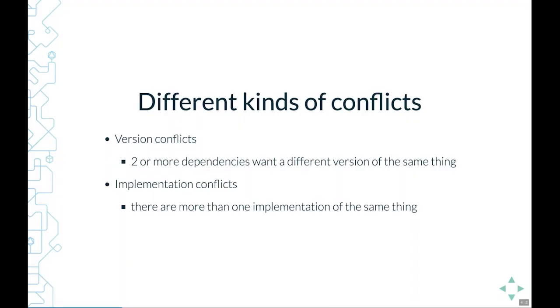So actually something super important to say is that there is not just one kind of conflict in the real world. The one we see most often is just the version conflicts. So you say you depend on one and you get a different version of a dependency. But there are other kinds of conflicts which are equally important and maybe even more sneaky somehow. It is the implementation conflicts.